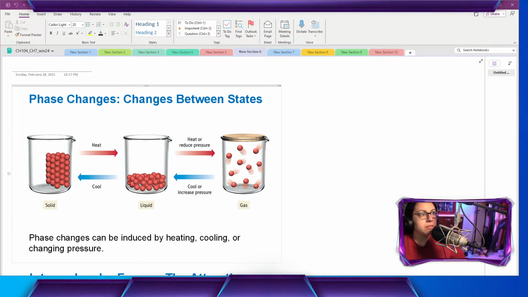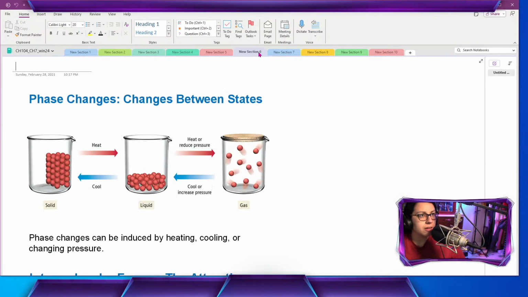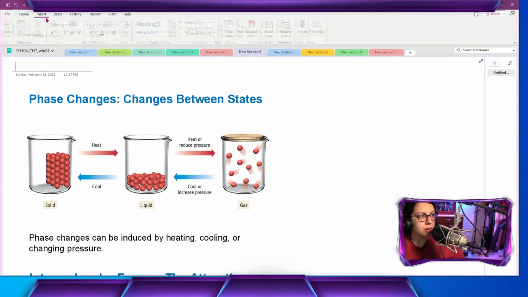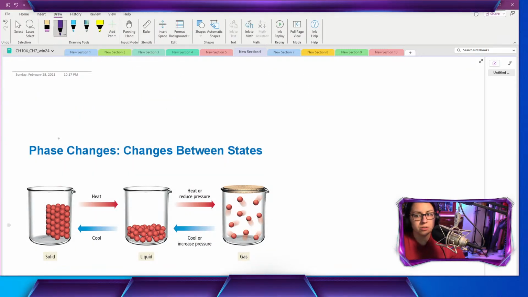All right, so we had left off yesterday, so we talked about our PV equals nRT. Let's just summarize from yesterday. Basically we ended up with those two equations.